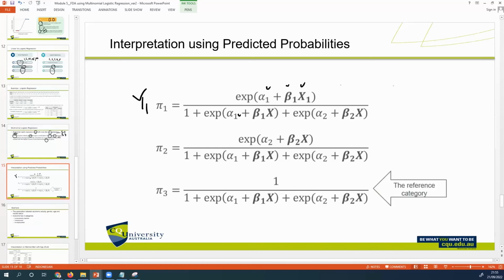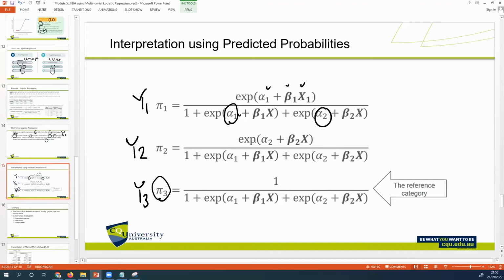This is using 3 categories. So if using 3 categories, we exclude the reference category. So we only use A1 and A2 instead of A3 because A3 is used as the reference.